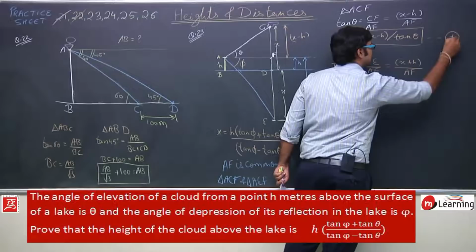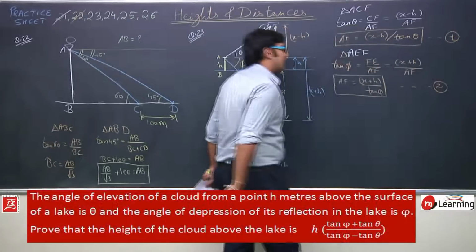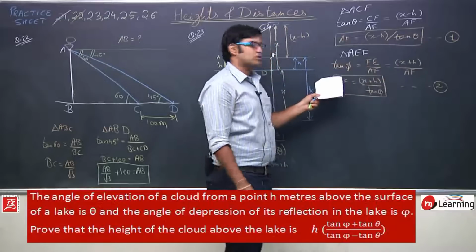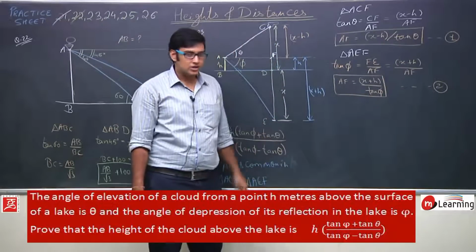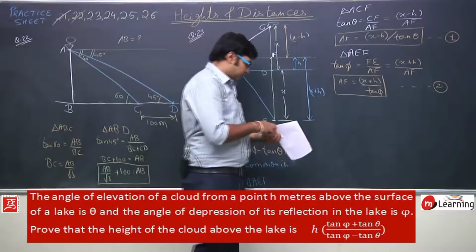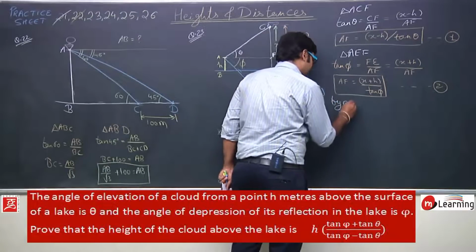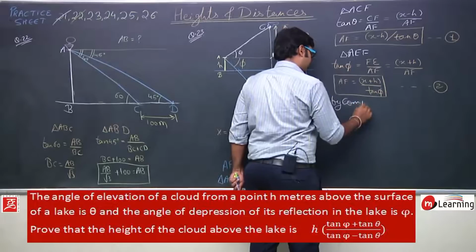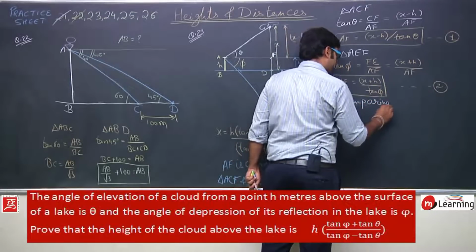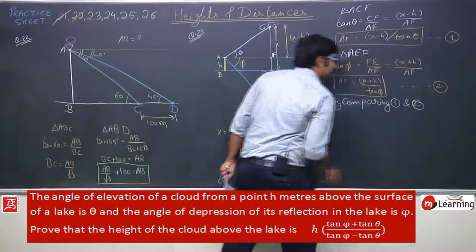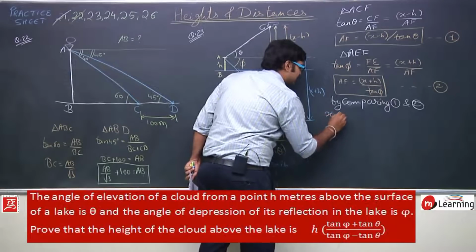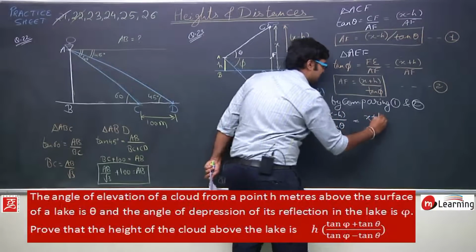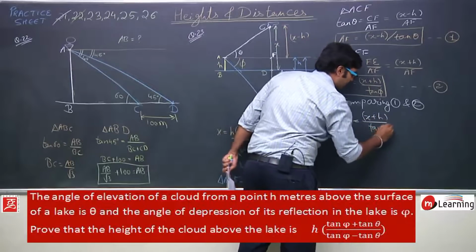This is the first equation, this is the second equation. What I can see is AF is equal to X minus H upon tan theta, and AF is also equal to X plus H upon tan phi. So I can equate these two equations. By comparing 1 and 2, X minus H upon tan theta is equal to X plus H upon tan phi.